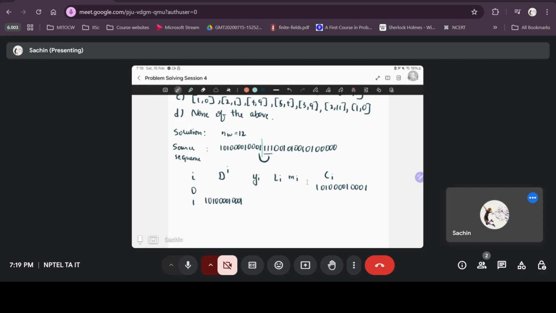So the matching substring is 111. Length of the matching substring is 3. The position where it starts: there are two ways to do this. What is done in the lecture is you write P as the position from the left.